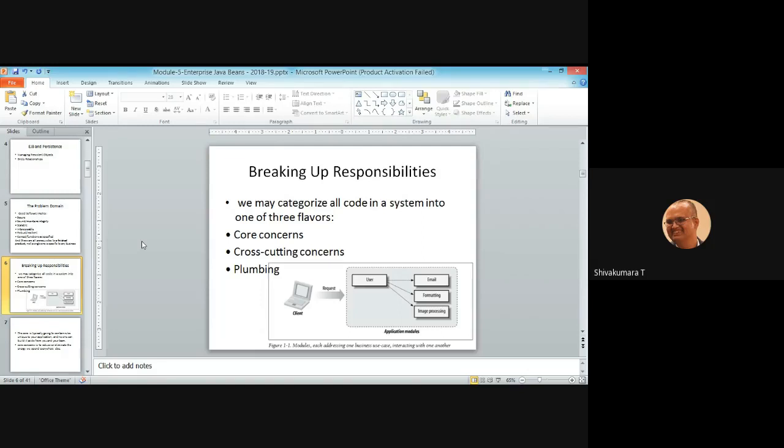The second set of the team takes care of cross-cutting concerns. In the same banking application, suppose your father has an SBI bank account and here in the campus you have an Allahabad bank account. This bank is different, that bank is different, but it is possible to transfer the amount from SBI to Allahabad.